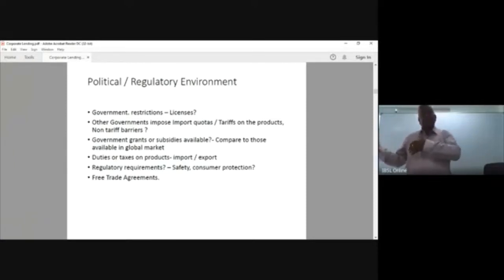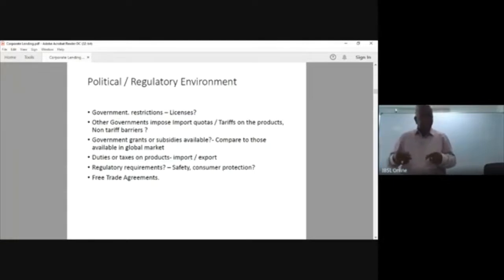So the license requirement, depending on the industry, whether licensing is necessary, you must see that. Government restrictions, for example licenses: whether there are any government restrictions for any particular industry or business.